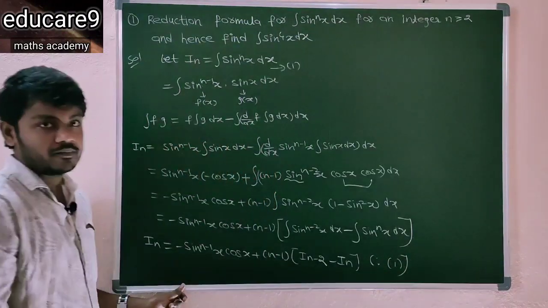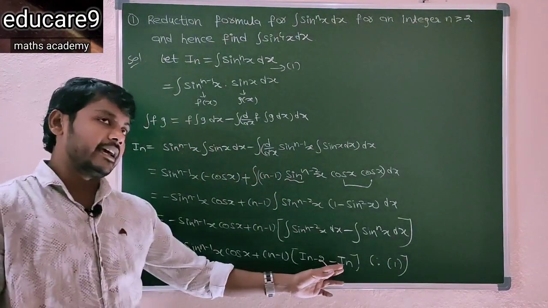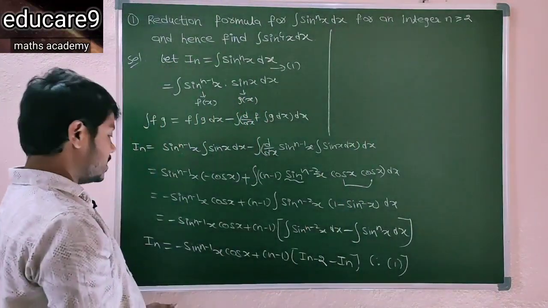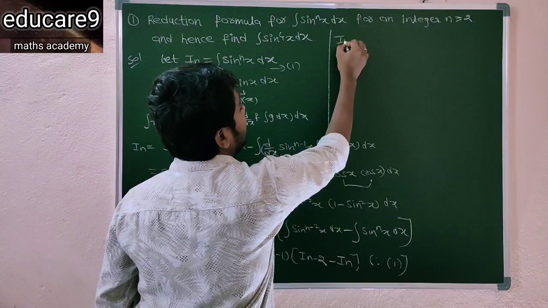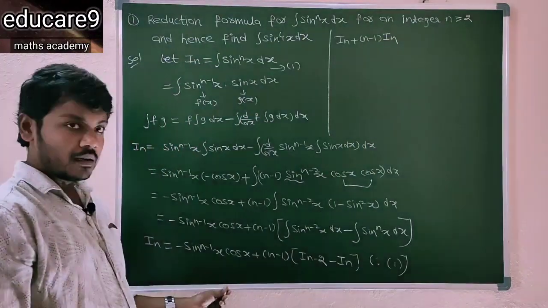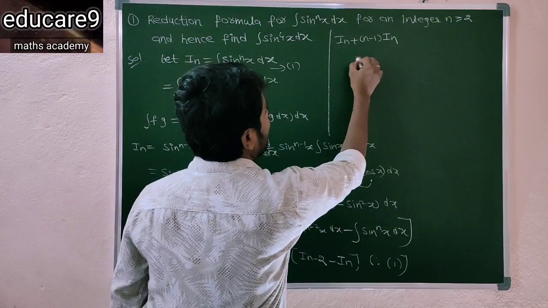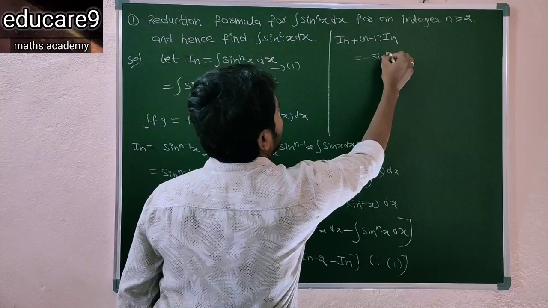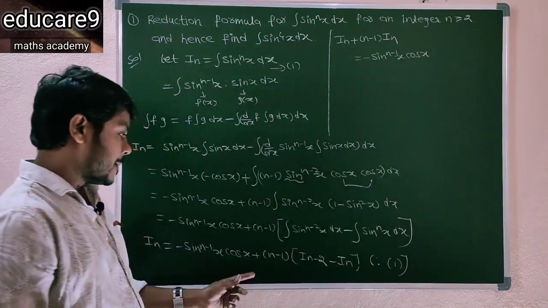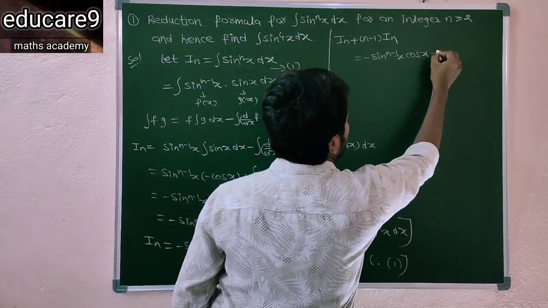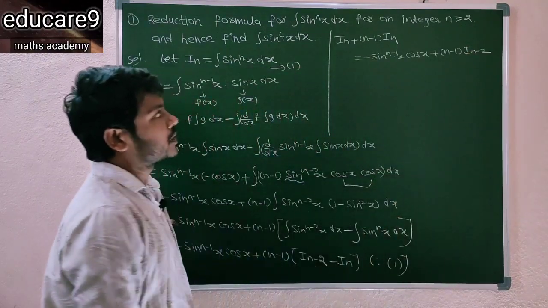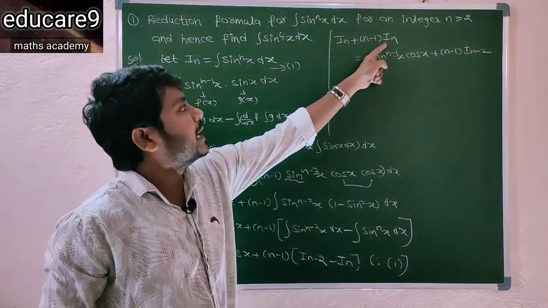Okay. Now send this In to the left. So what you get? So see here, this is In plus n minus 1 into In. So this is equals to minus sin power n minus 1x cos x plus n minus 1 into In minus 2. So clearly here In minus In get cancelled.